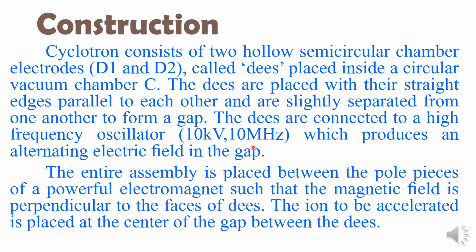So in the first part we have seen that we have used the electric field. Now we are using the magnetic field by placing this circular vacuum chamber C, which consists of these Ds, between two pole pieces of a powerful electromagnet, and we have to arrange them in such a way that the magnetic field direction is perpendicular to the vacuum chamber.